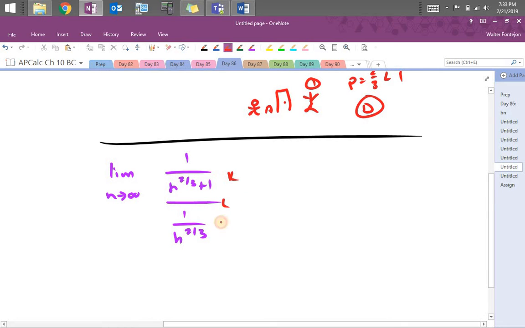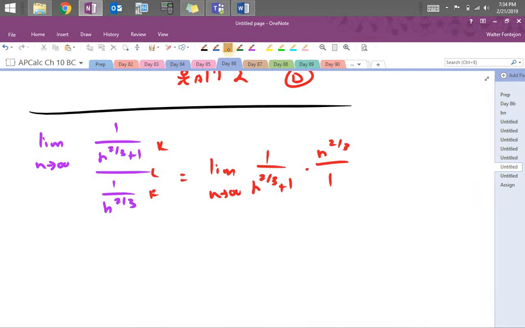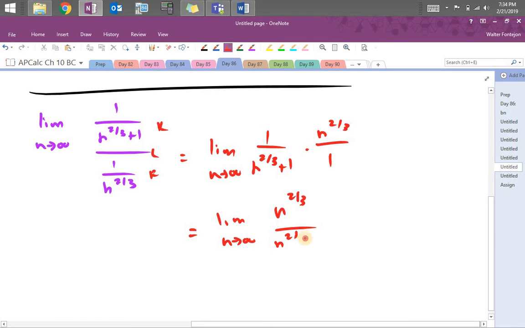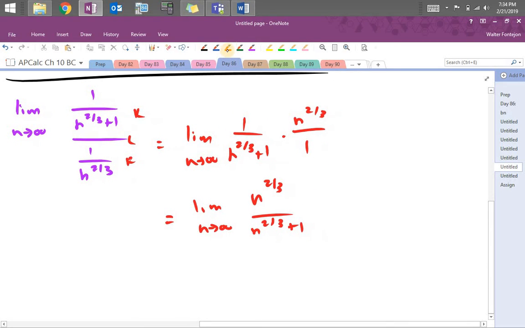Okay, we keep, change, flip: limit as n approaches infinity of, keep, which is 1 over n to the 2/3 plus 1, change, and then flip, n to the 2/3 over 1. Okay, we keep going. So now this is going to be the limit as n approaches infinity of n to the 2/3 over n to the 2/3 plus 1. You could actually use a polynomial idea here.